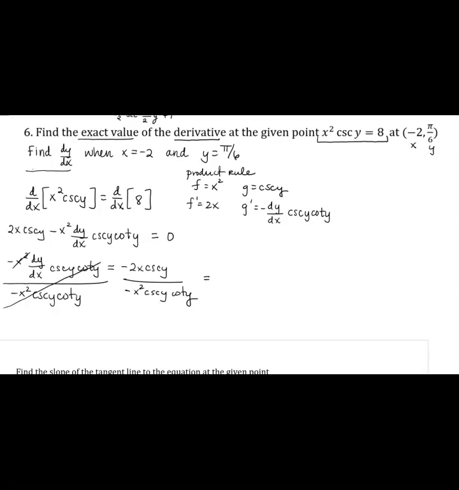But this can simplify. We have a cosecant y in the top and the bottom that we can cancel out. And then we have an x over an x squared, so we can cancel one of those x's out. We also have a negative over a negative, so the negatives can cancel out.